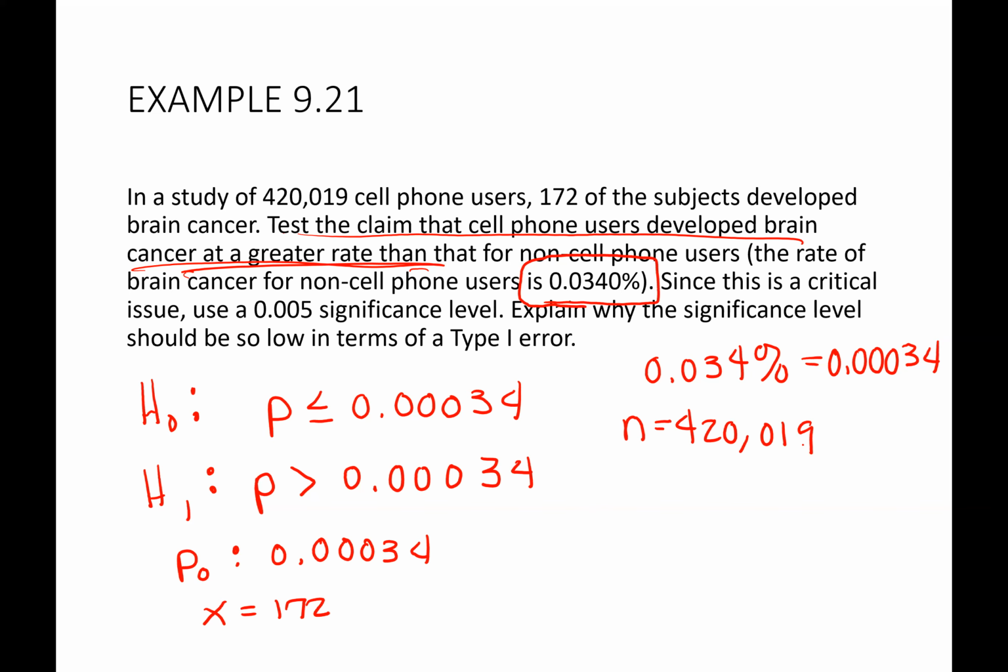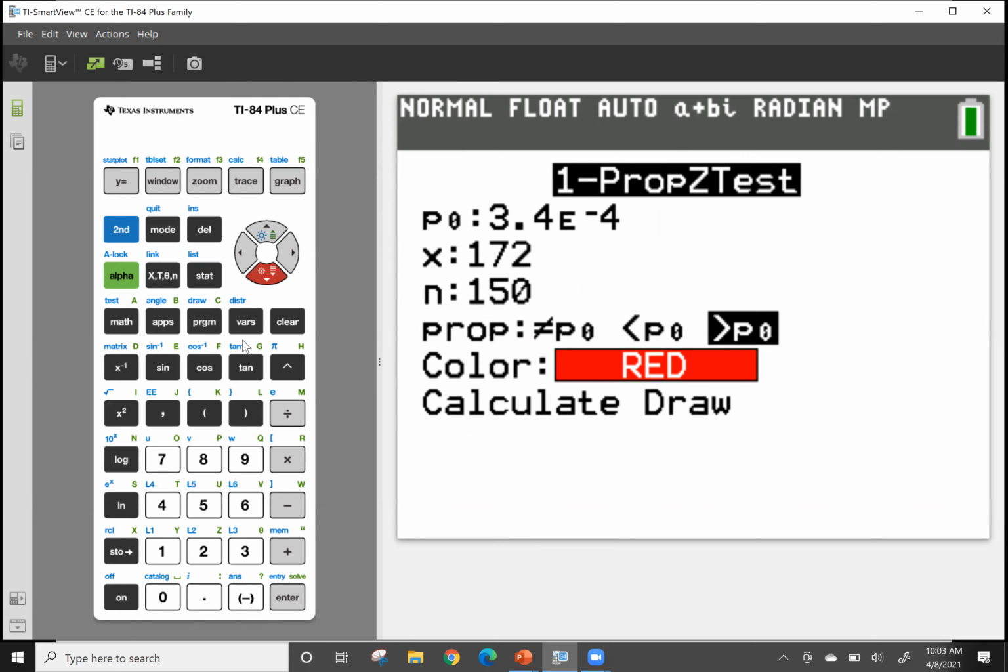Go to my stat menu, tests. We're going to conduct a one proportion z-test, number 5. My proportion in my null and alternative hypothesis was 0.00034. In my sample, I had 172 out of a sample size of what? 420,000.